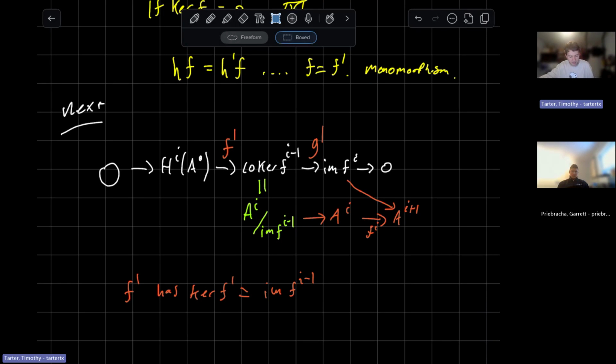Well, so what is the homology group? The ith homology group is the kernel of Fi mod the image of Fi minus 1.